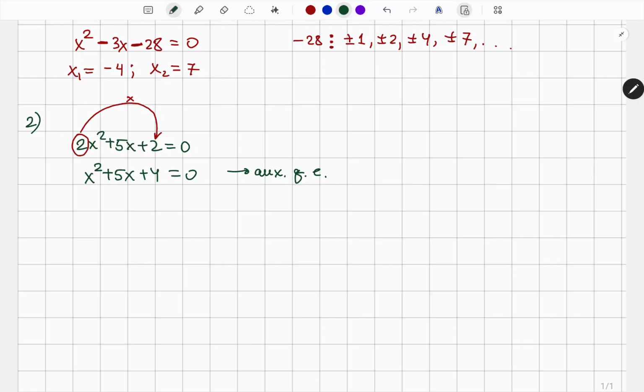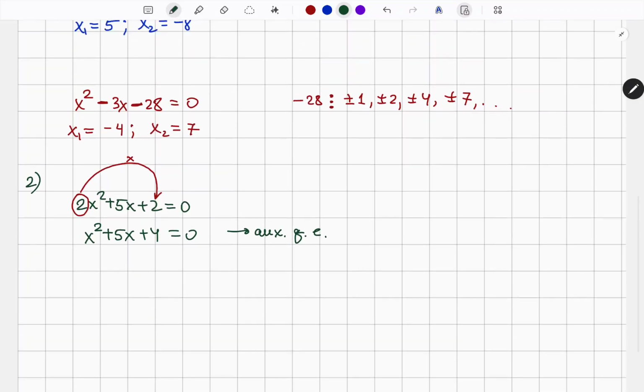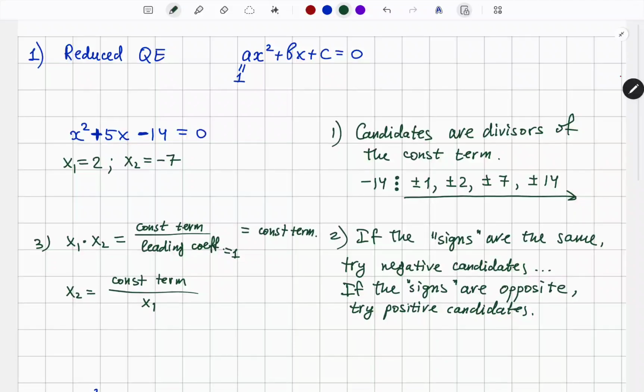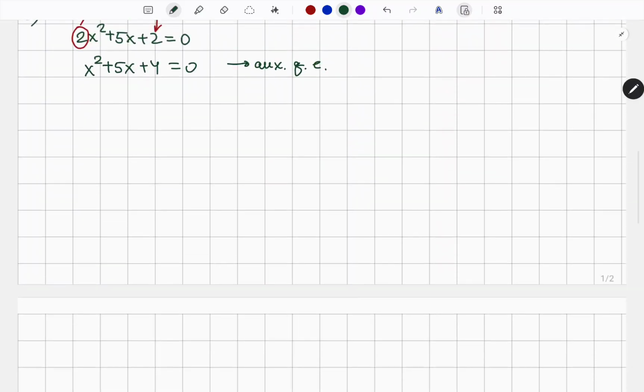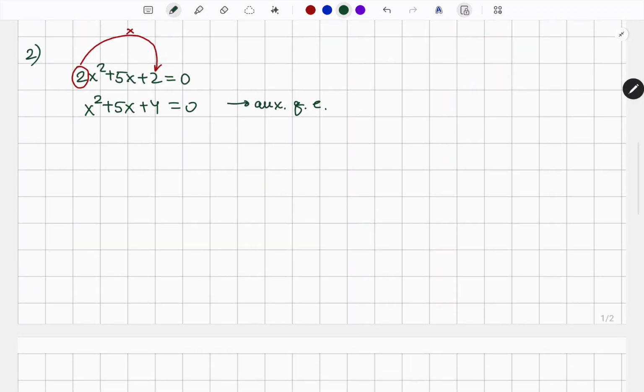So it's an equation of the type we have already considered. It's a reduced quadratic equation, so we can apply the new knowledge we acquired in part 1 of the video. The two signs are both positive. They are the same, so I try negative candidates. It's obvious for me. It's -1.